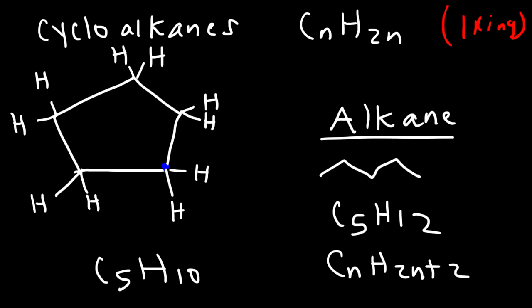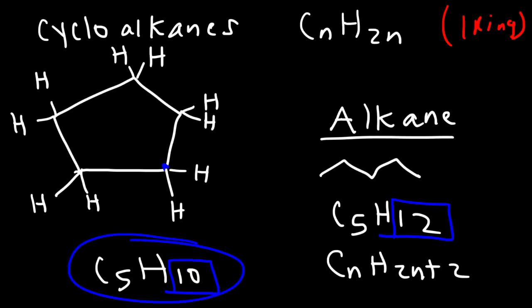But anytime you add a ring or a double bond, you lose 2 hydrogen atoms. And so that's why alkenes are unsaturated. They don't have the maximum number of hydrogen atoms that they can have. So whenever you have a ring or a double bond, you lose 2 hydrogen atoms. If you have a triple bond, you will lose 4 hydrogen atoms.